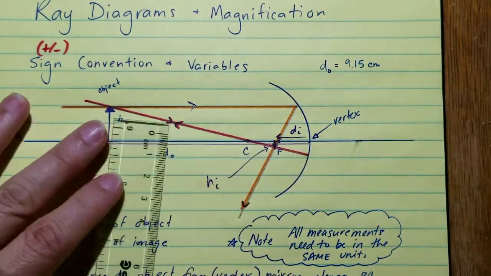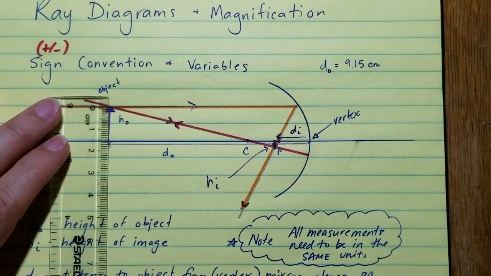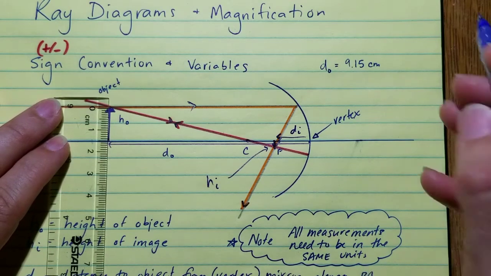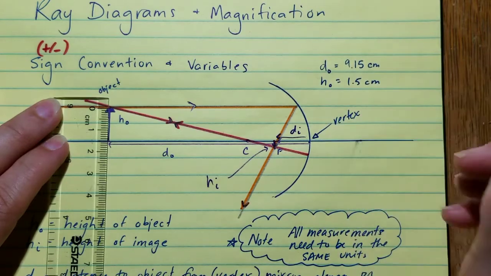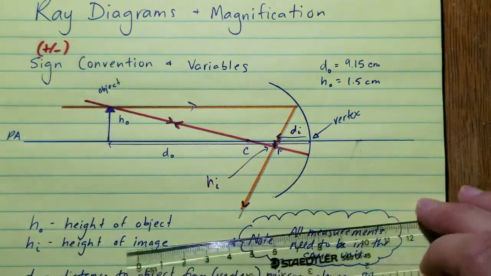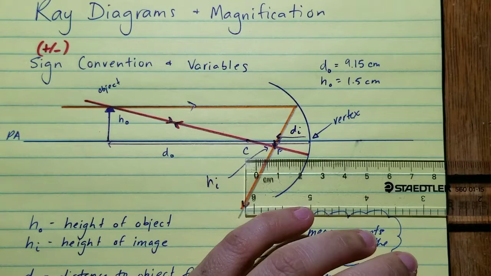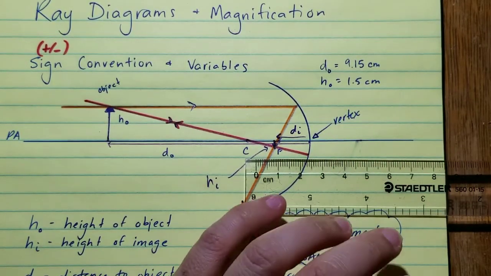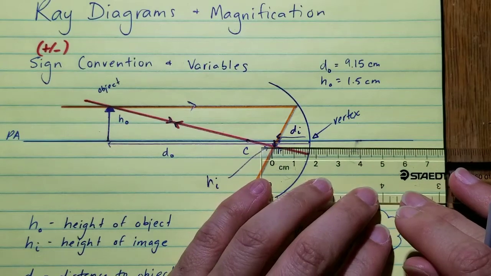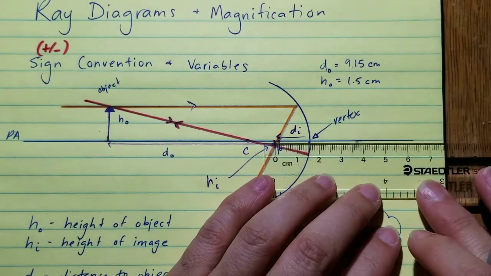The height of my object is 1.5 centimeters. Now, it's easier for me to measure the distance of my image, so I'm going to measure the distance of my image, and then I'm going to calculate hi and prove that it probably should be a couple millimeters.